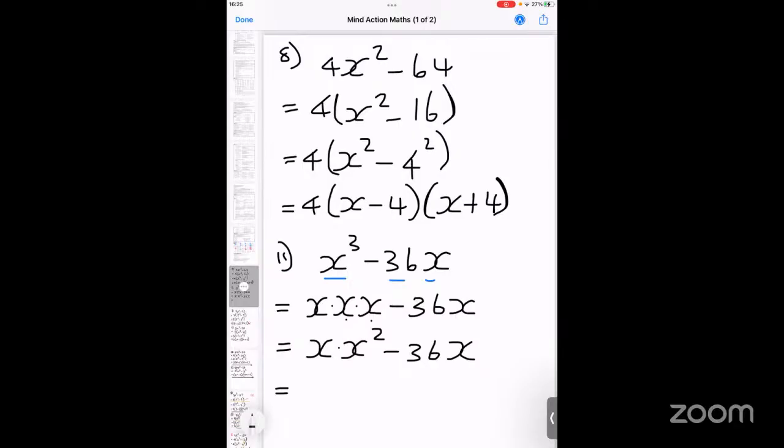Is it possible for us to take out the x? Yes, exactly that. You know why it can be taken out? It's because it is common on this side of that minus sign and also on this side. So when we say something is a common factor, that's when it exists between a sign of a plus or a minus.